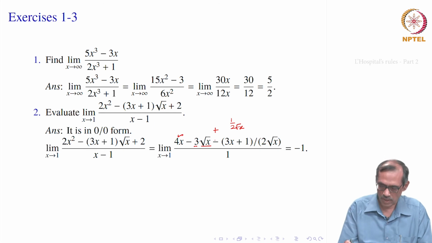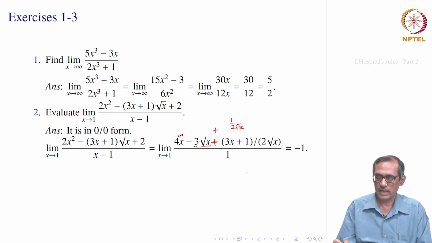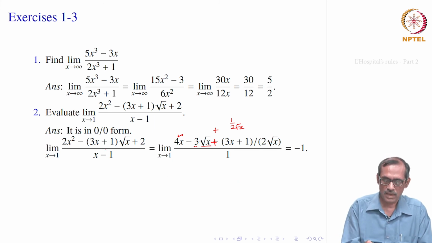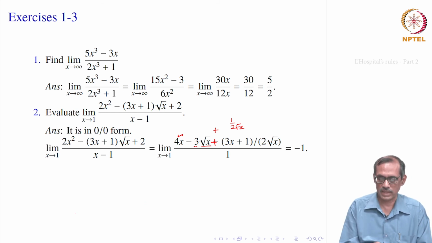So, that should be plus sign not minus. But no, this is not division, this is really multiplication. So, that means we have 3x plus 1 into root x.